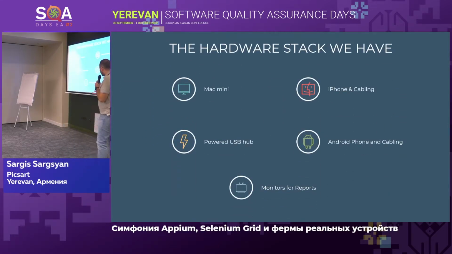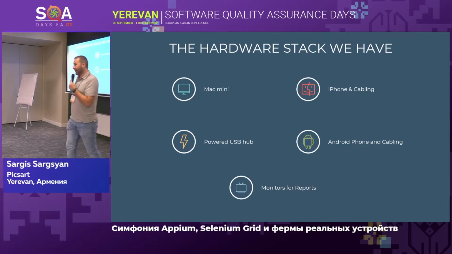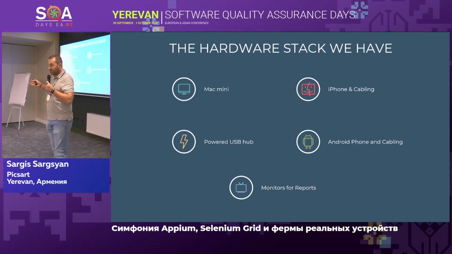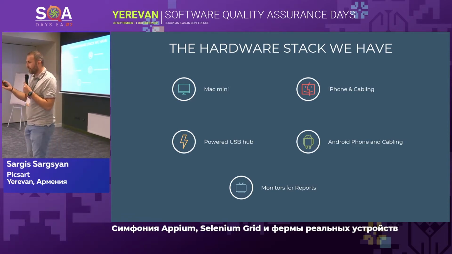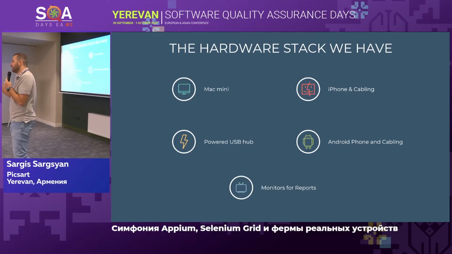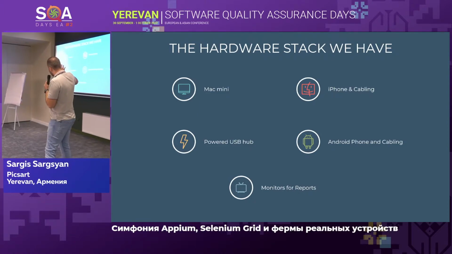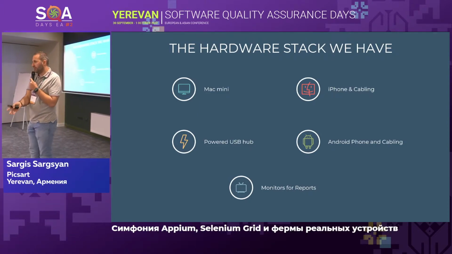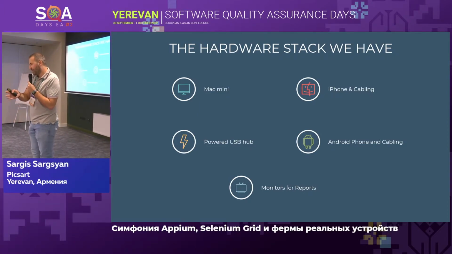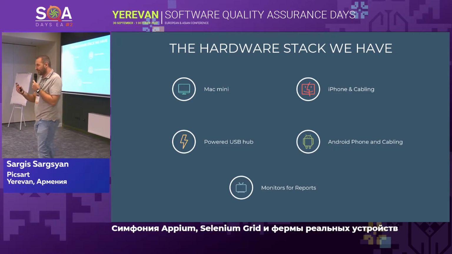So for the older stack, what we used is Mac Mini, because for the iOS devices we can use only Mac Minis. Right now, I didn't put it here, but for Android we are using Ubuntu machines, which are much more powerful and easy to set up. For iOS, we are using Mac Mini.